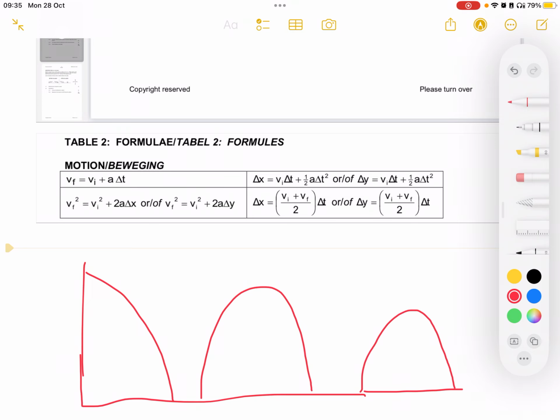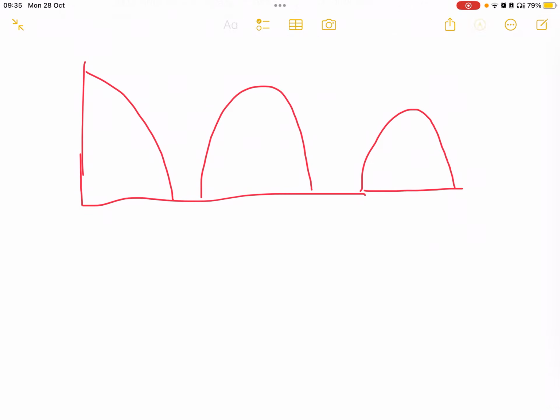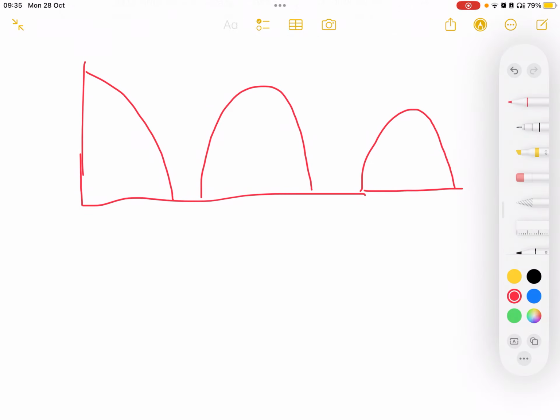Now, the starting point of the graph here is 2, and then this point here is around 1.85, and then this point here is around 1.2.